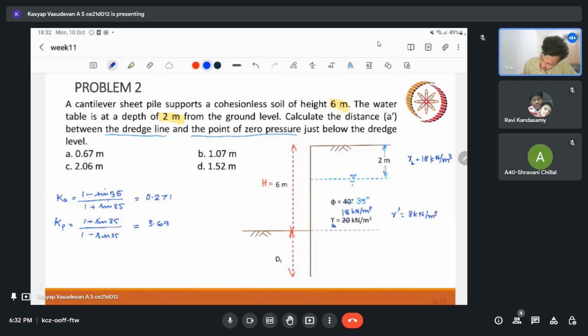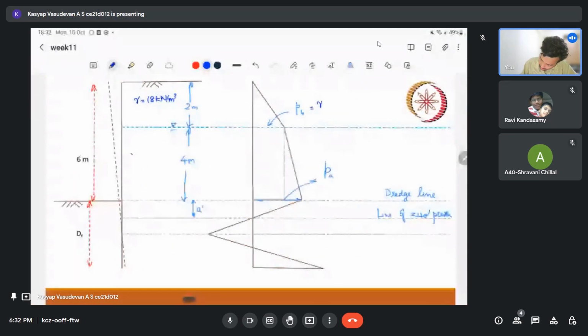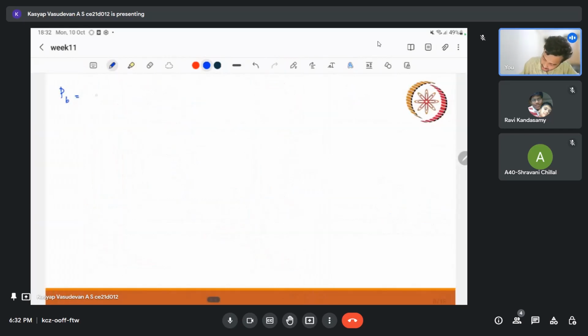So I'll write gamma dash here as 8 kilonewton per meter cube. Okay. So here my lateral pressure at this depth, that is 2 meter depth, is Ka gamma 2, right? So that I can write it as Ka is 0.271 into gamma is 18 into 2 is 9.756 kilonewton per meter square. So this is the pressure at B.